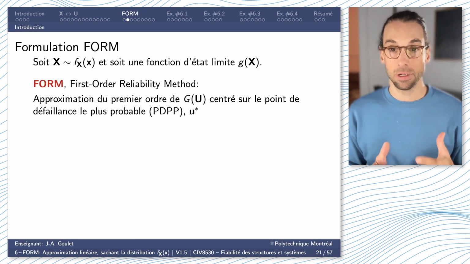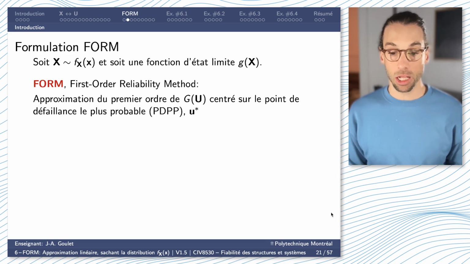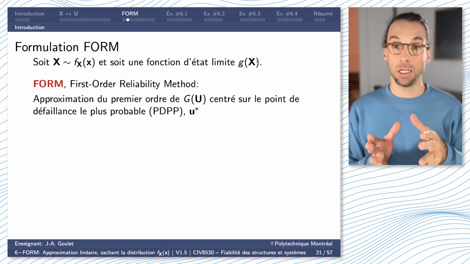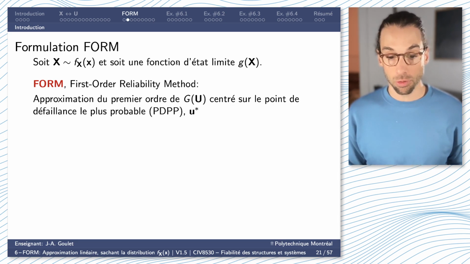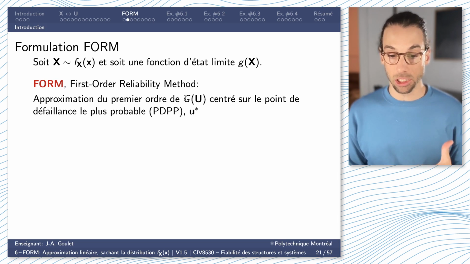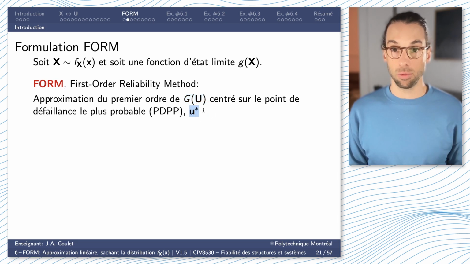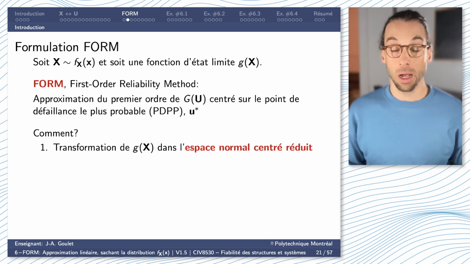So given that we know the joint distribution for x, and given that we know the limit state function g of x that defines the limit between our failure and our survival domain, the first order reliability method, FORM, will allow us to linearize g of u, our limit state function. And we're going to do this linearization at u star, the most likely failure point, or what we also call our design point. So how do we do this?